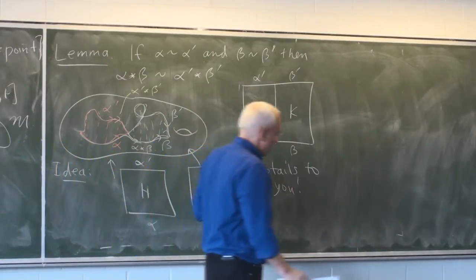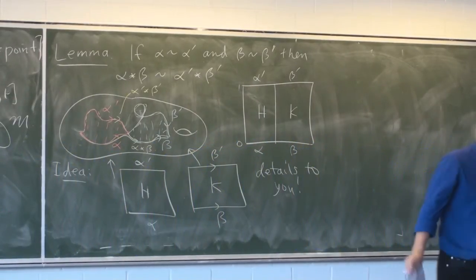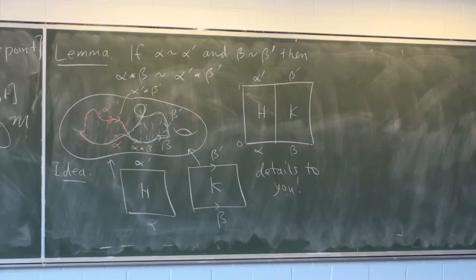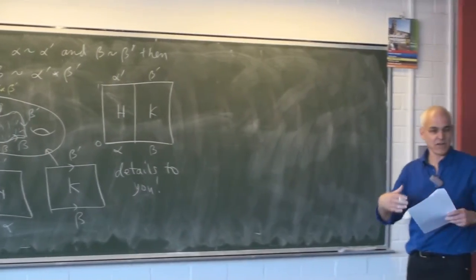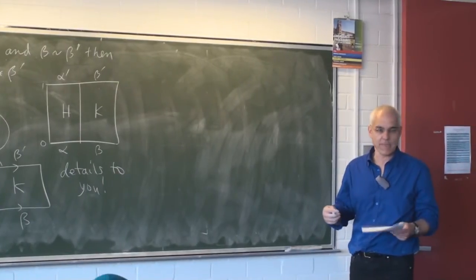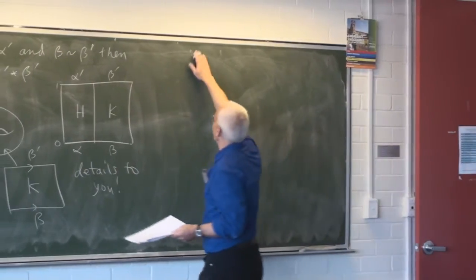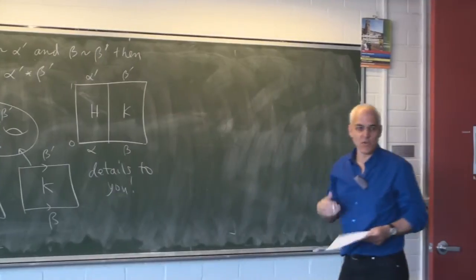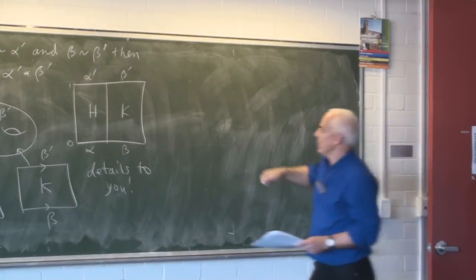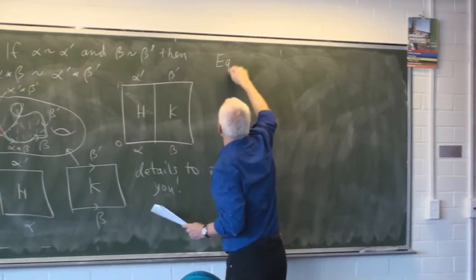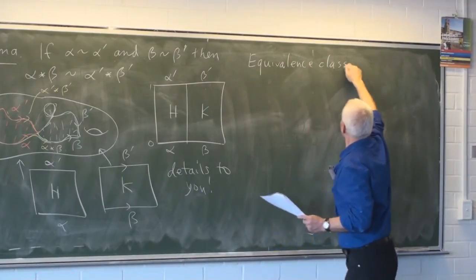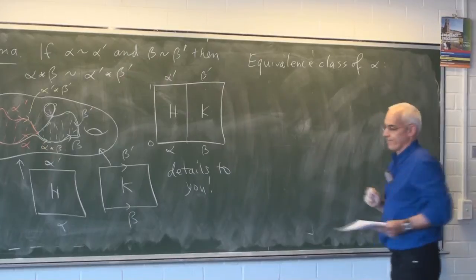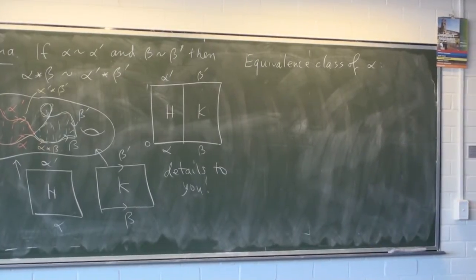Okay, so that means that we can think of this multiplication actually on not the paths themselves, but the paths up to this equivalence of homotopy. And the standard way in which that's done is by introducing the idea of an equivalence class. All right. So we write the equivalence class of a path alpha.